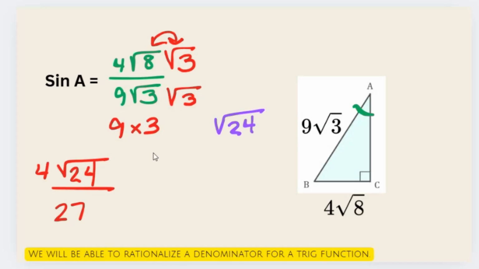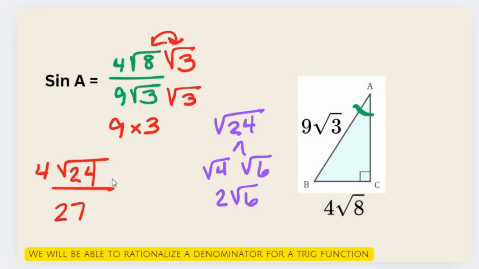So I'm going to use that perfect square method that we've used before and look for a perfect square that might go into 24. I know that 4 times 6 gets me 24. I know 4 is a perfect square. 6 does not have a perfect square. So the square root of 24 breaks down to 2 square root 6.